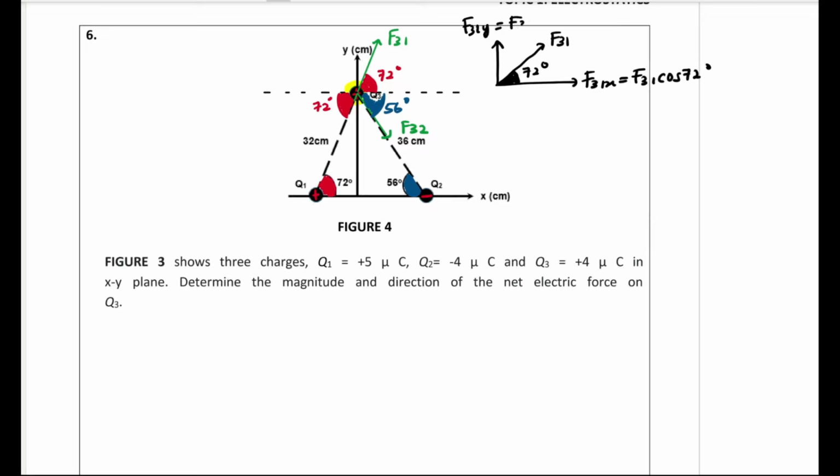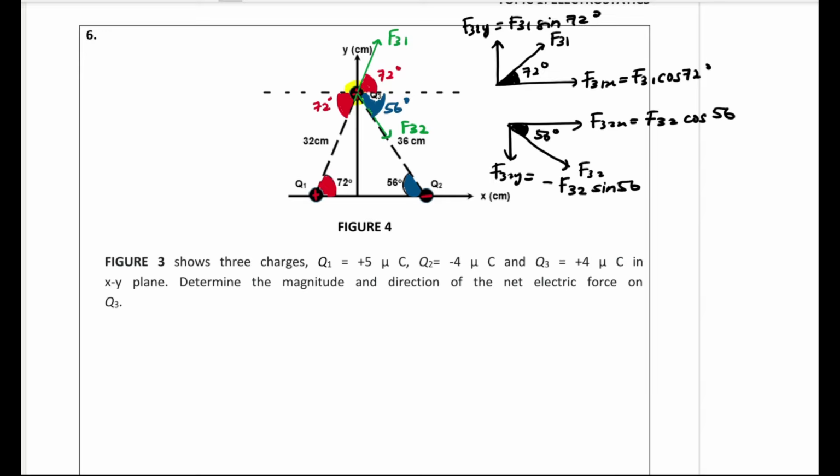F31Y is F31 sin 72 degrees. Okay. The one below is the same also. F32. Okay. So the angle here is 56. F32X is F32 cos 56. F32Y is negative, because downward, F32 sin 56. Okay. Its direction is downward.